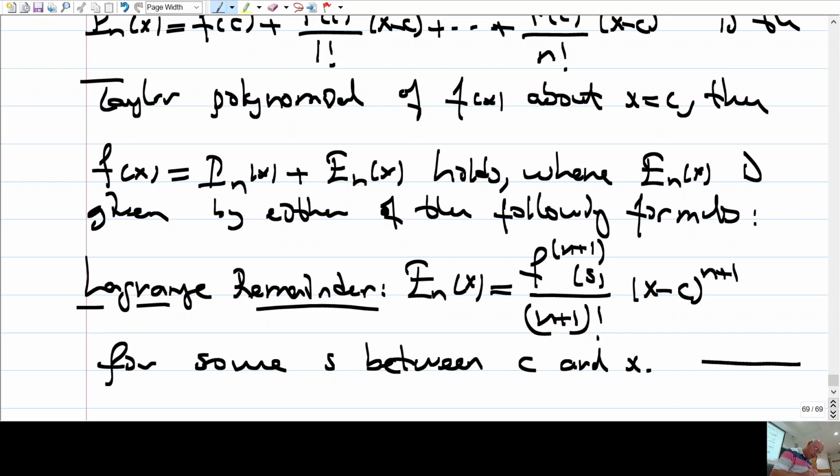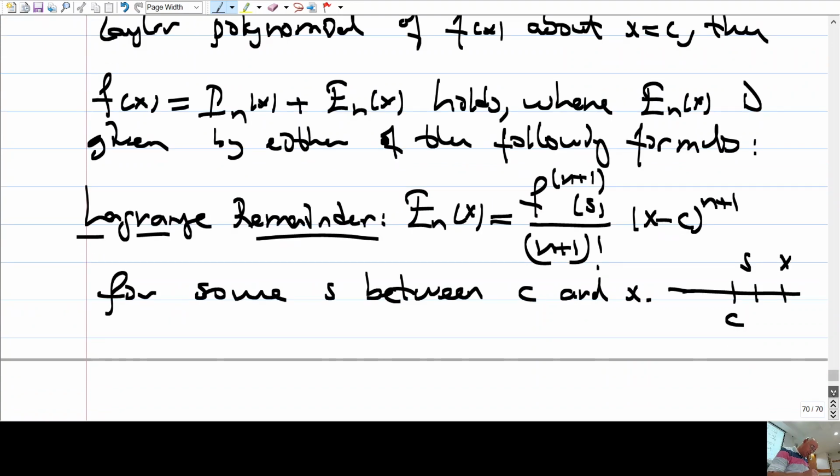So it's like this. Here this is c, okay, and this is where you take your Taylor expansion, and this is your x, and Lagrange remainder says that there is some s here. You don't know what the value of s is, but it is between c and x, so that this error term is equal to this expression.